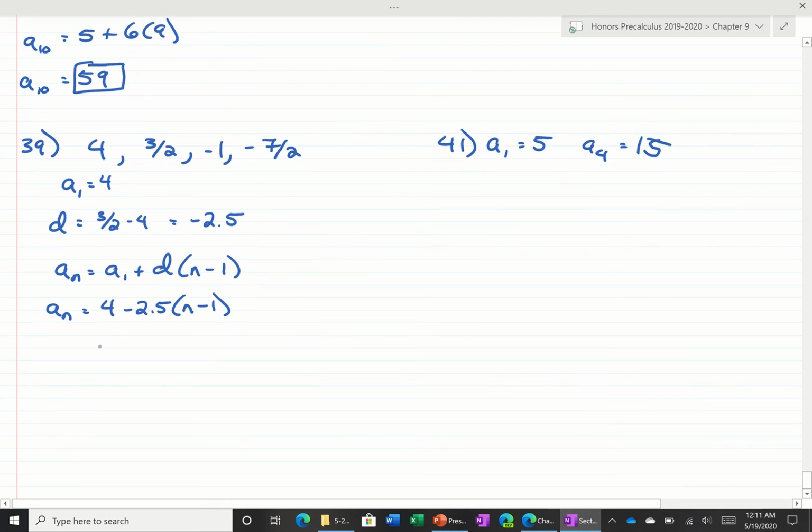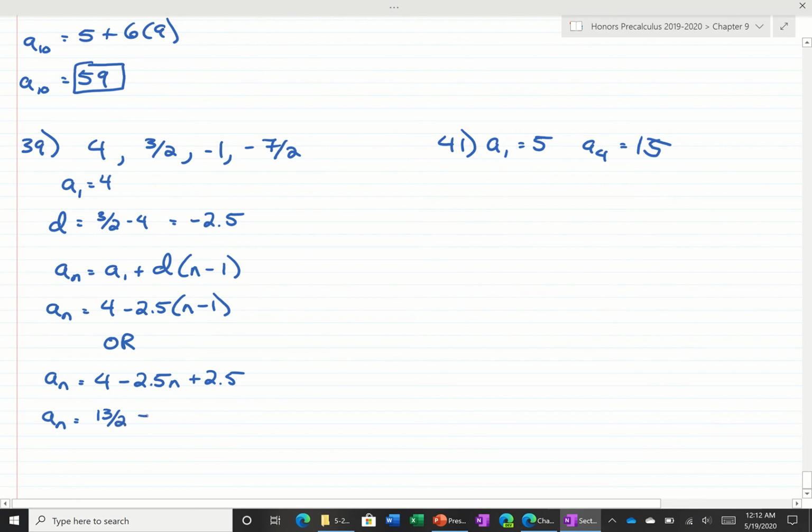I mean, we could rearrange this. And if we combine like terms, 4 plus 2.5 is the same thing as 13 over 2.